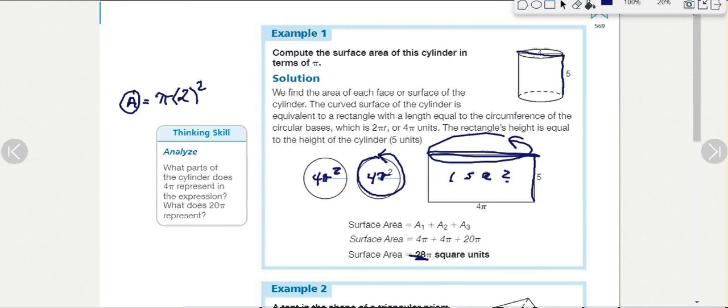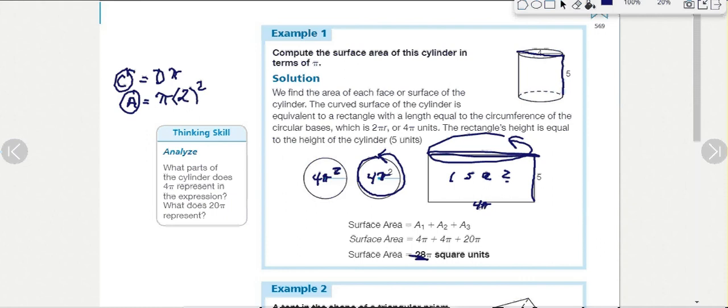All right? So the circumference of a circle is a little different, isn't it? That's diameter, or 2r, times pi. Diameter is, in this case, 4. 4 times pi, right here. That's how they came up with that.